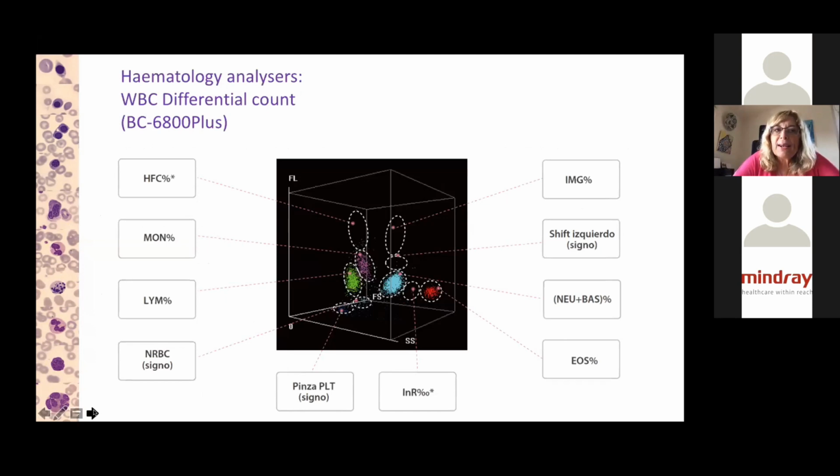The modern hematology analyzers are able to quantify the different subpopulations of leukocytes circulating in blood.